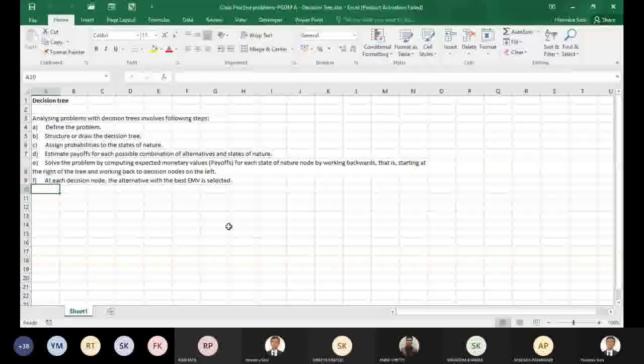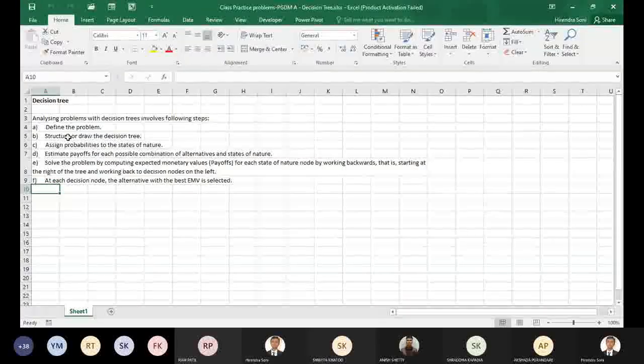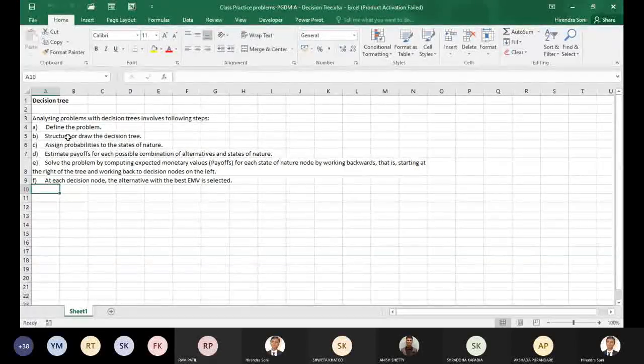In case of a decision tree, we formulate the entire situation in the form of a tree, which is what we call a decision tree. And there we indicate the expected values at each decision node. So we will have decision nodes and we will have scenarios or situations.